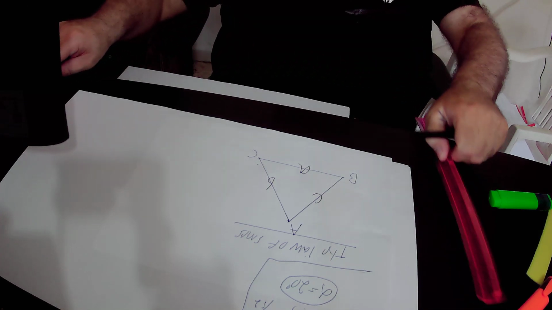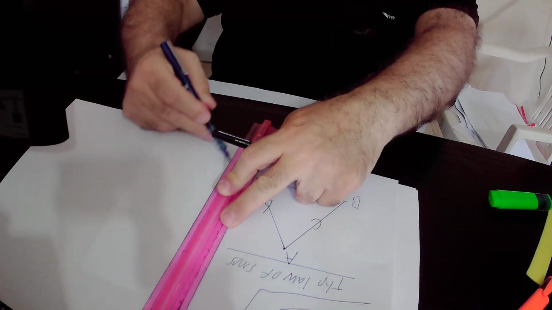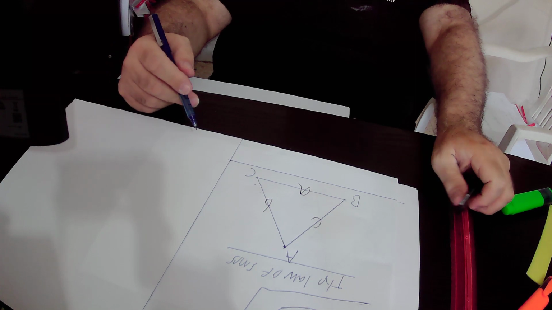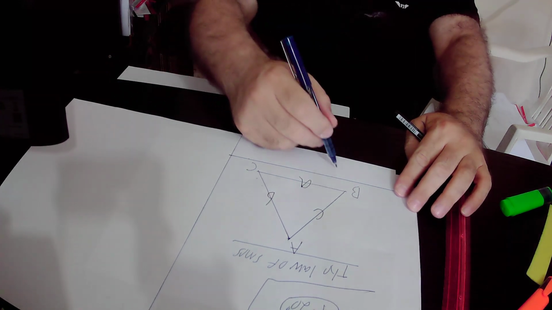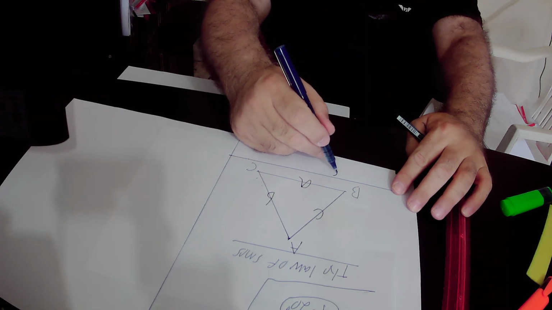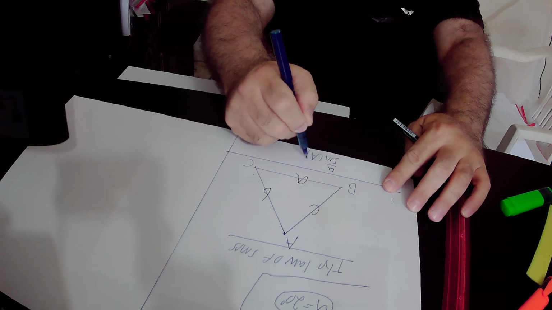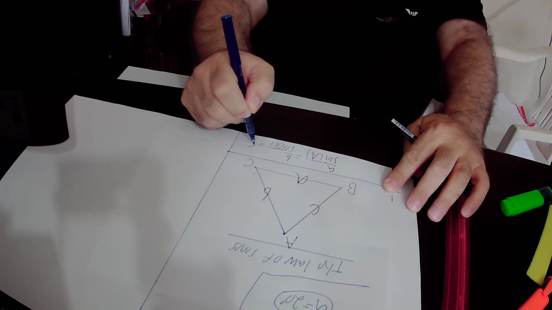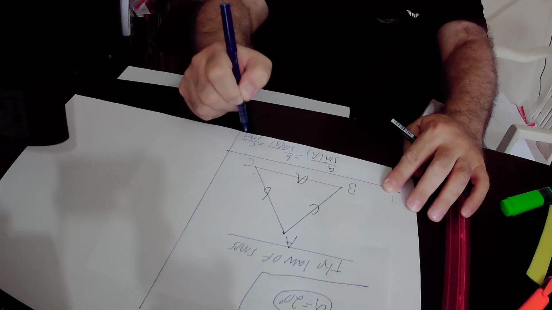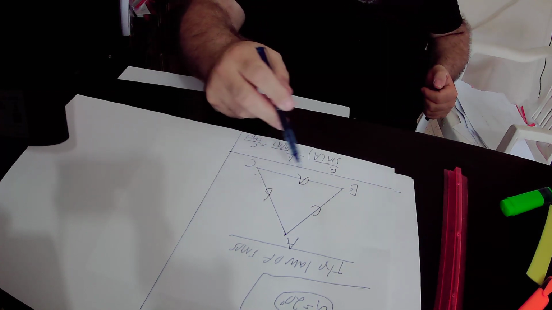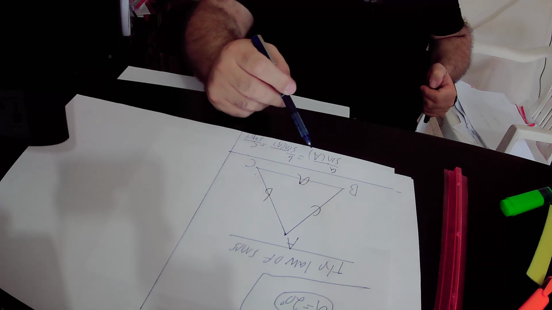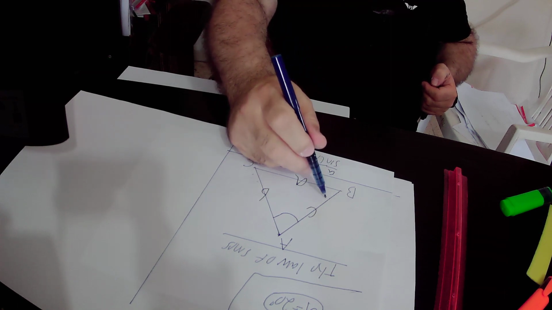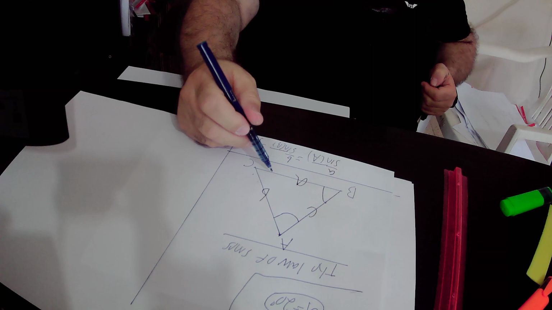So in this triangle ABC, that could be any triangle, we get that the following equation is true: small a over sine A equals small b over sine B, and it is equal to small c over sine C. Small a, b, and c are the lengths of the sides of the triangle ABC, while capital A is the size of angle BAC, this angle, capital B is the size of angle ABC, this angle, and capital C is the size of angle ACB.